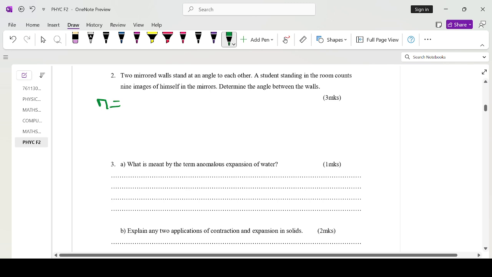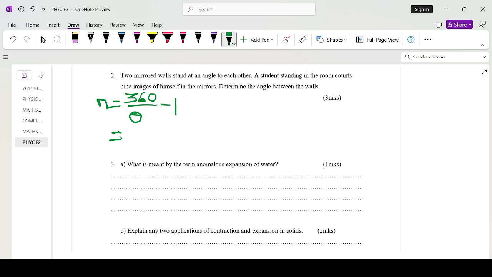Number of images, which is n, is given by 360 over theta, where theta is the angle in between the mirrors, then you subtract 1. So n is the number of images.